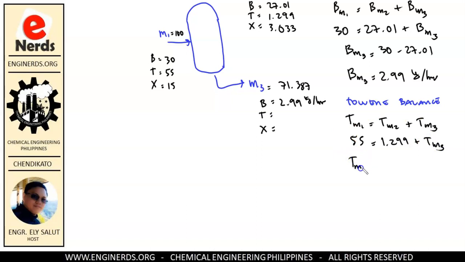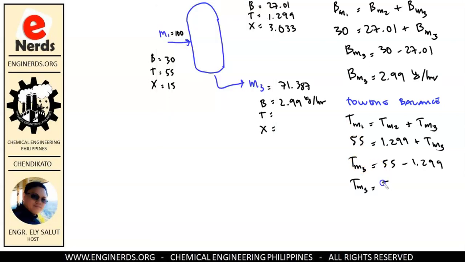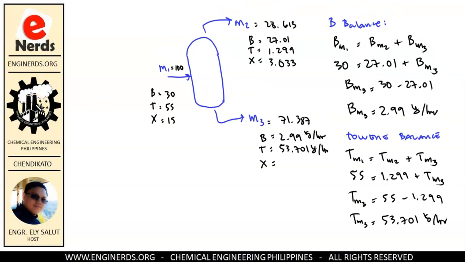So our toluene in M3 is equal to 55 minus 1.299. Okay, so let us solve that. 55 minus 1.299. So this is equal to 53.701 kilogram per hour. Okay, so we have here 53.701 kilogram per hour.